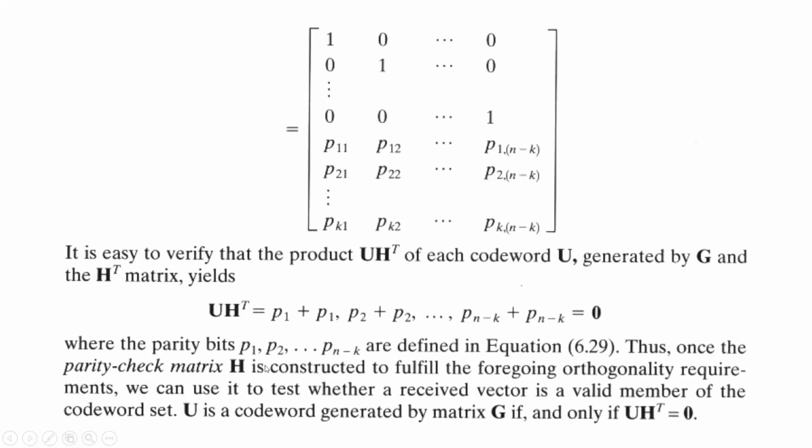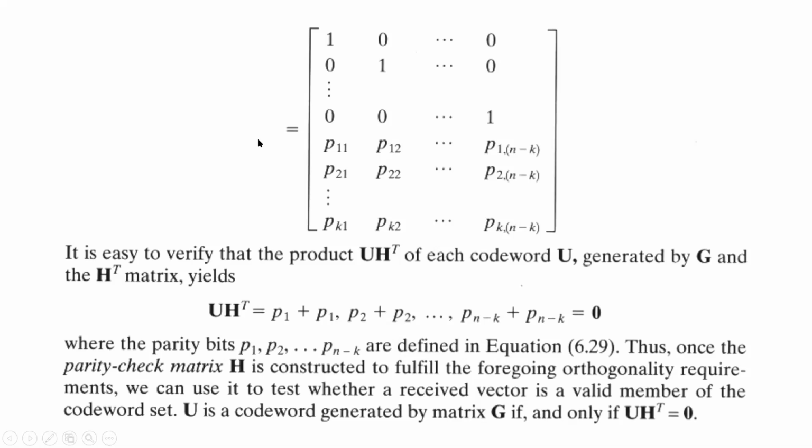Thus, once the parity check matrix H is constructed to fulfill the foregoing orthogonality requirements, we can use it to test. Because I know G will be used to generate the linear block codes, I can form the H matrix, the parity check matrix, from G, and I can also take the H transpose, right?